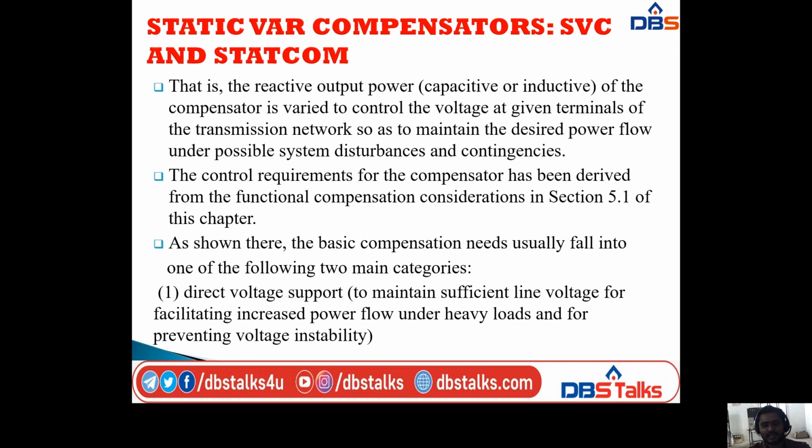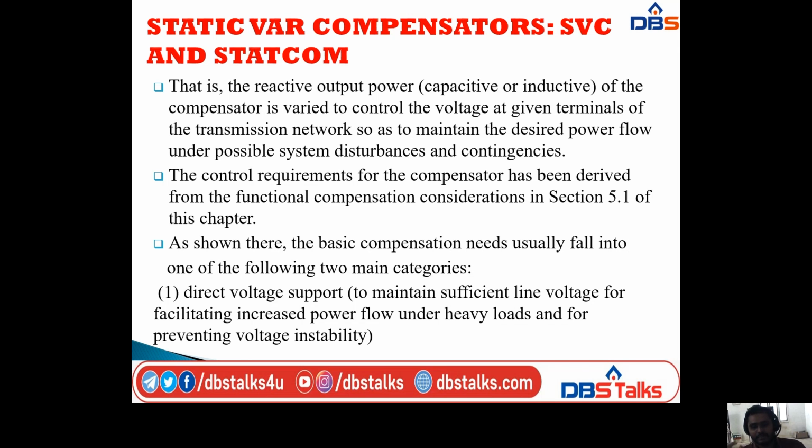Then the control requirements for the compensator are derived from the functional compensation considerations in the sections on the objectives of shunt compensation. In that concept we discussed four objectives, such as midpoint line segmentation, radial line and voltage stability improvement, and so on. The basic compensation needs usually fall into one of two main categories.